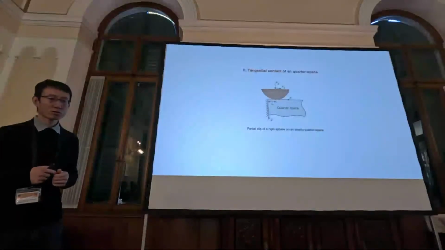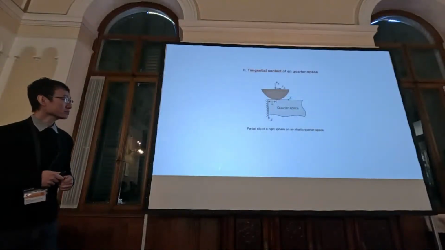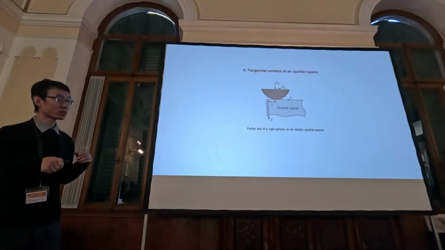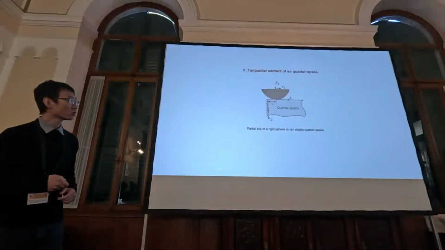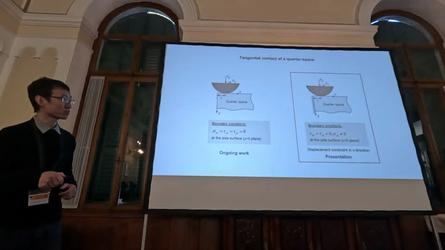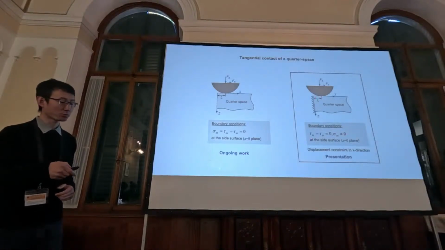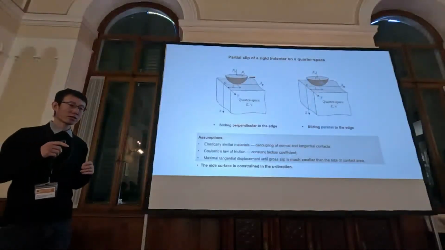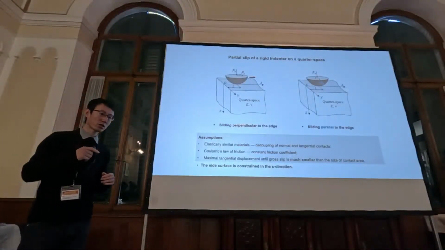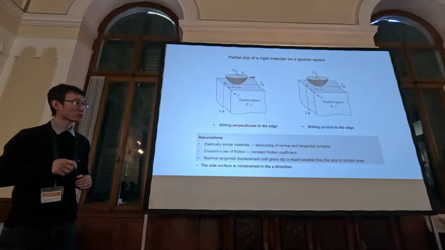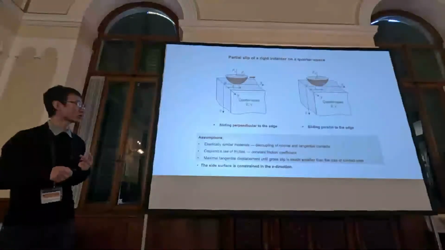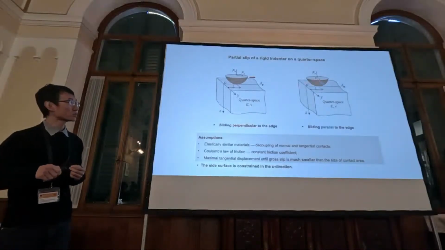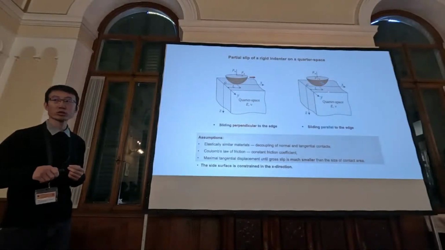So now we come to tangential contact. The indenter is pressed into the quarter space, then it moves in the tangential direction. Of course, the contact behavior is dependent on the sliding direction, and here I consider only two sliding directions: one is sliding perpendicular to the edge, and the other one is parallel to the edge.